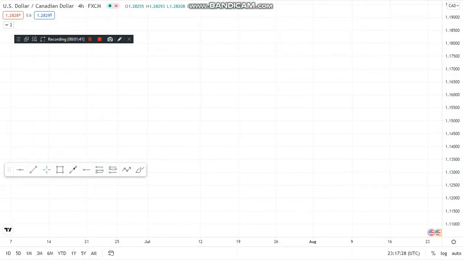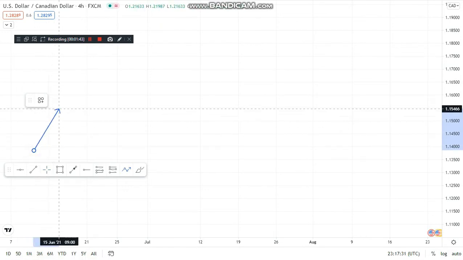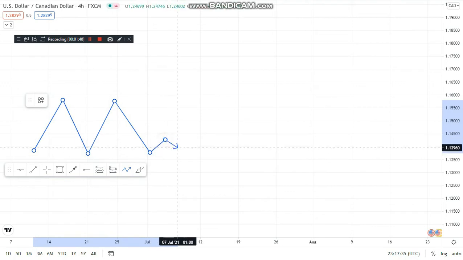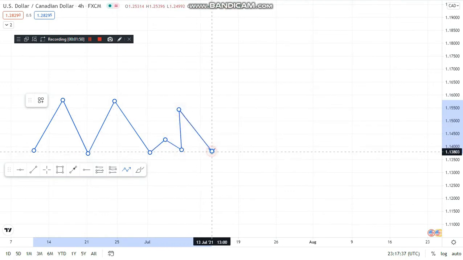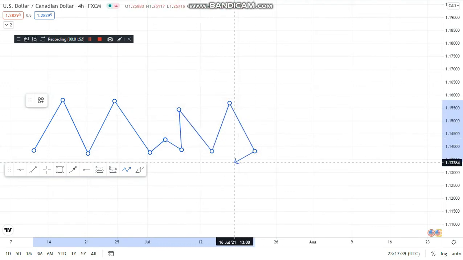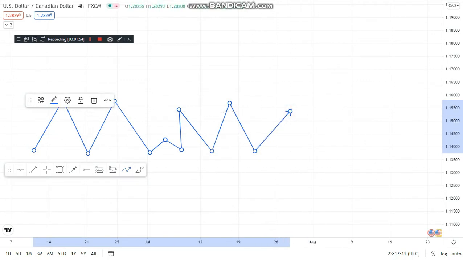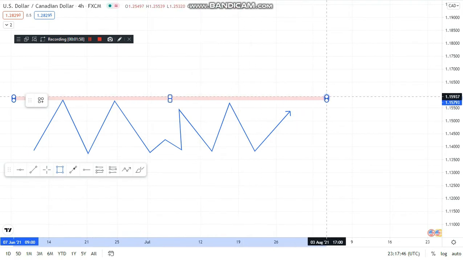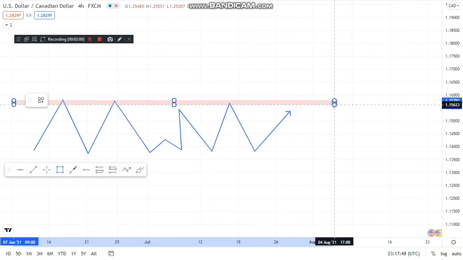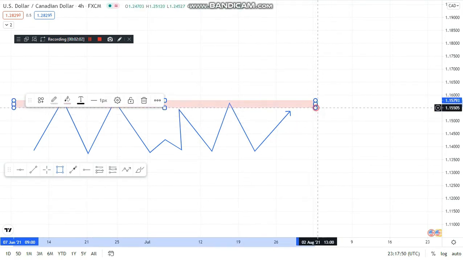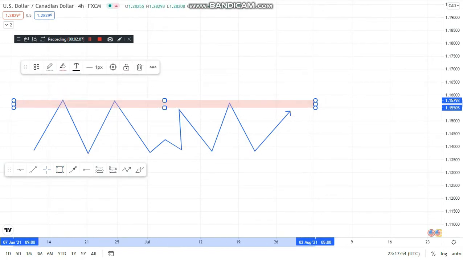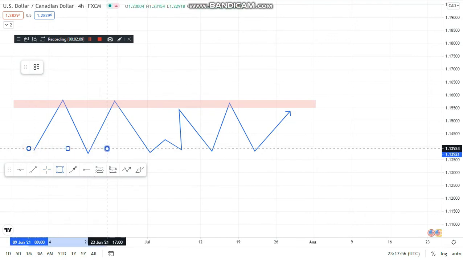You may have seen some markets going up, down, just like that, and sometimes something like this will go again, just like that. So this spot is what we call the resistance. Right here is what we call the support.